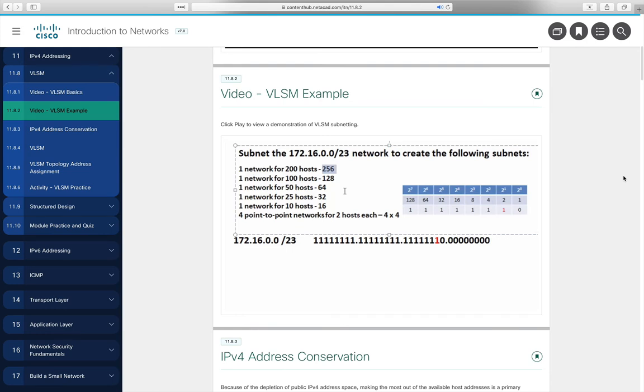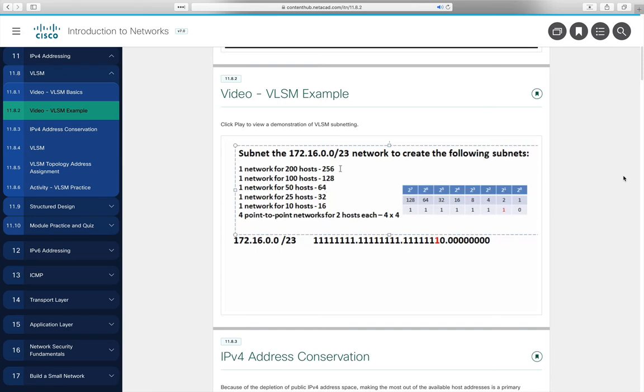That number does not reflect the usable hosts, but the total number of addresses in the subnet. Similarly, I'm unable to create exactly a 100 host subnet, but I can create a 128 host subnet, a 64 subnet, a 32 subnet, a 16 subnet, and four host subnets will satisfy these requirements.